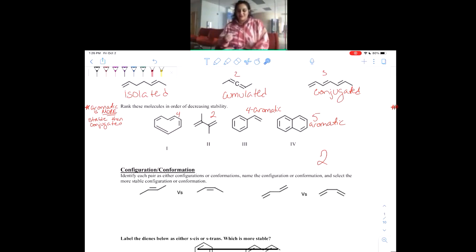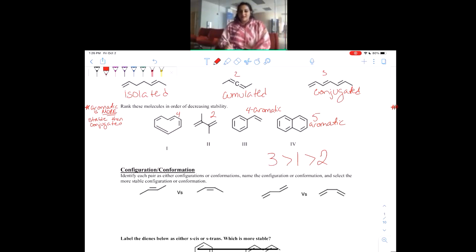The reason is that benzene is super stable because it is aromatic. Even though they have the same number of double bonds in conjugation, answer choice 3 has the extra stability from being aromatic. So in order, it would be 2, then 1, then 3.